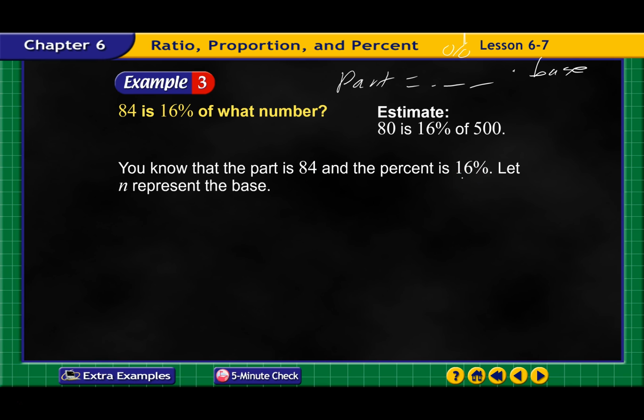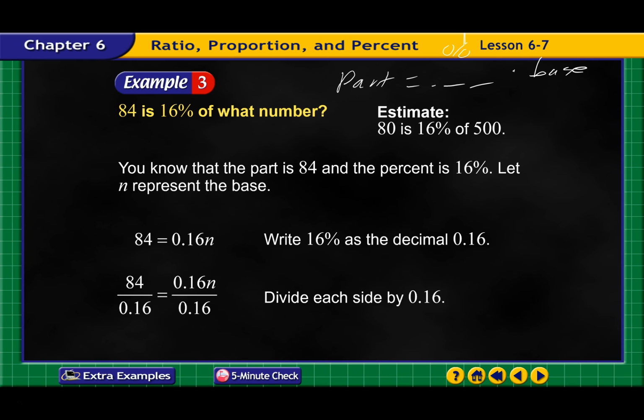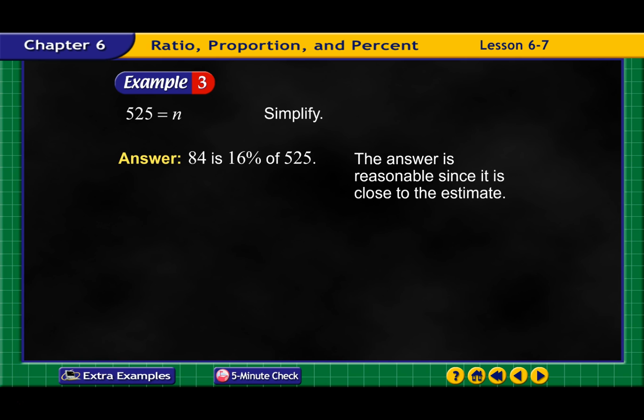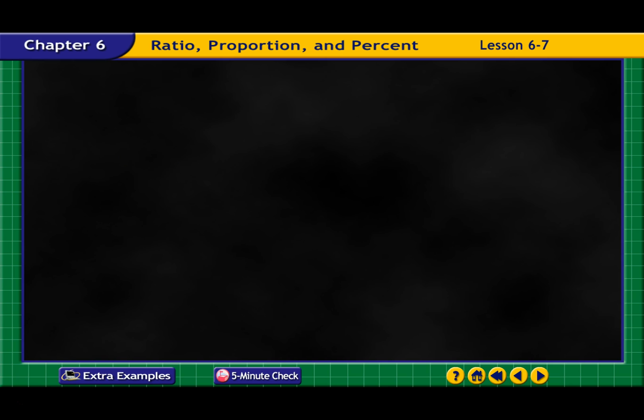So we substitute those in. 84 goes for part, 0.16 goes for the decimal of 16%. We divide both sides by 0.16. And that gives me 525. So my answer would be 84 is 16% of 525. You try, go.